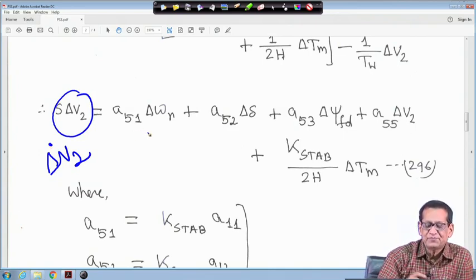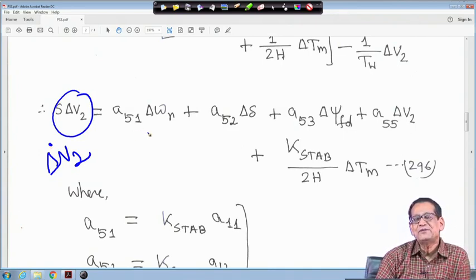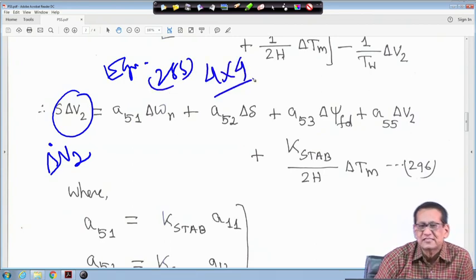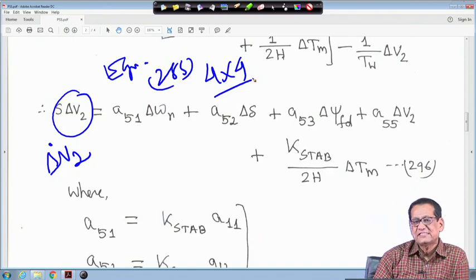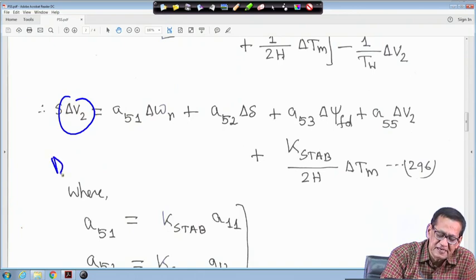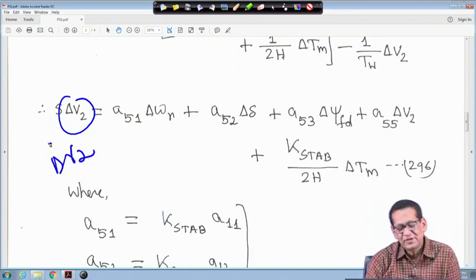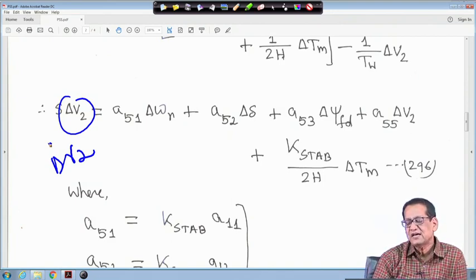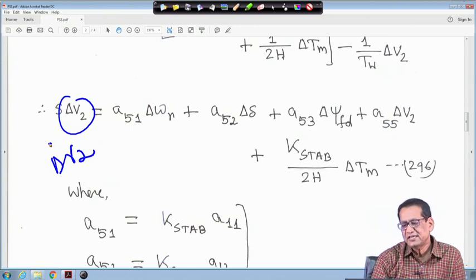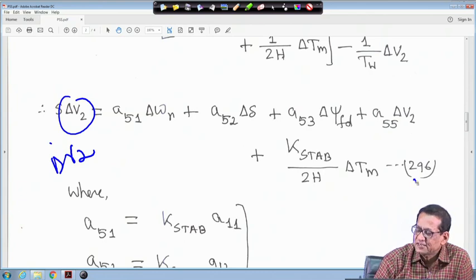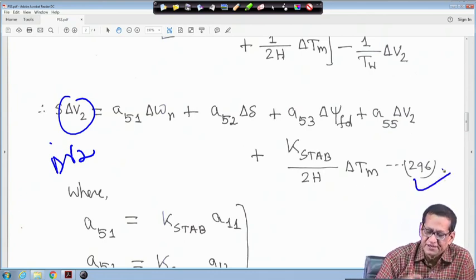Basically it is a fifth equation, because equation 285 is a fourth order system, that A matrix is 4 by 4. Now, because of this the order will increase, so delta V2 is actually your fifth state variable. So, it is A51 delta omega plus A52 delta delta plus A53 delta psi fd plus A55 delta V2 plus K stabilizer upon 2H into delta Tm. This is equation 296, right.